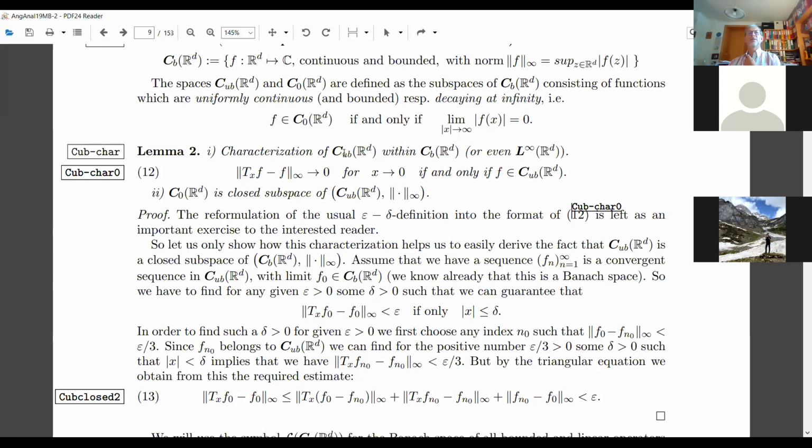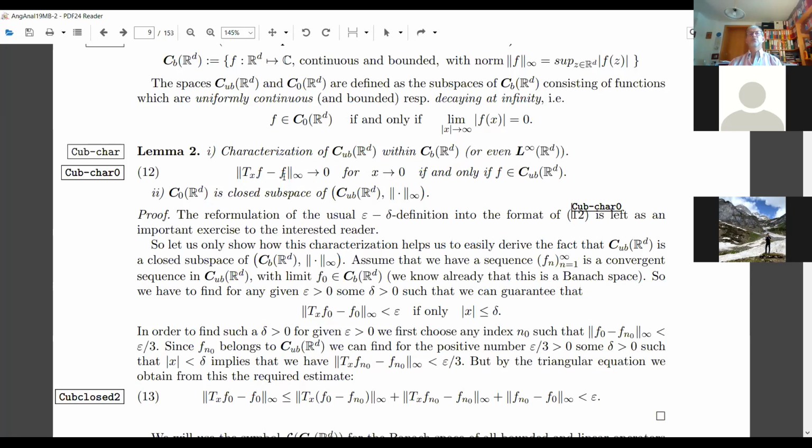And I claim that the subspace of uniformly bounded continuous functions is characterized as follows. It is the same as saying that you compare the function with the shifted functions, and the difference is small whenever the shift parameter is small. So what does it mean? When is this condition 12 okay? What is the test that you can apply?